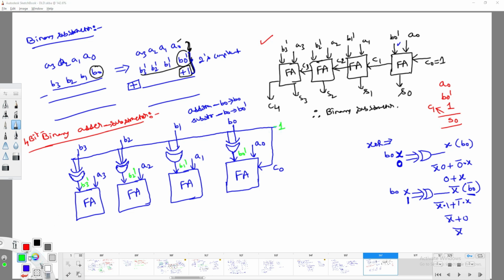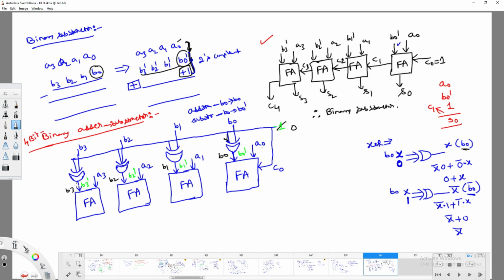Now if I pass, in black color, 0, then 0 comes here. 0 with B naught is B naught. So B naught, B1, B2 and B3 come here. Observe now, for addition: A naught and B naught, A1 B1, A2 B2, A3 B3, which is like the usual binary adder.